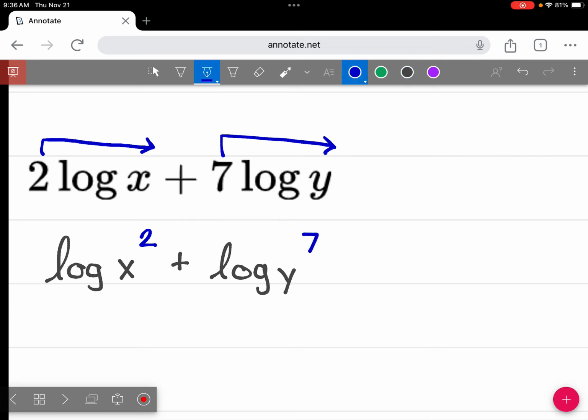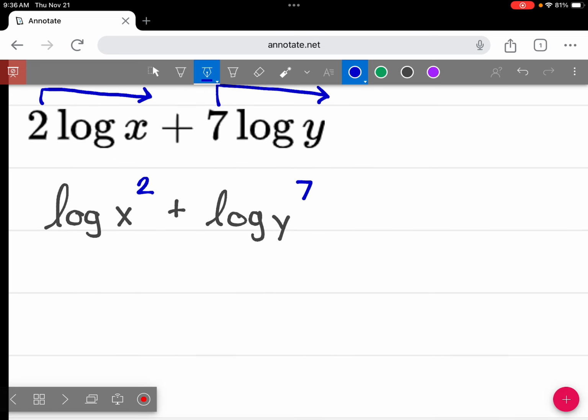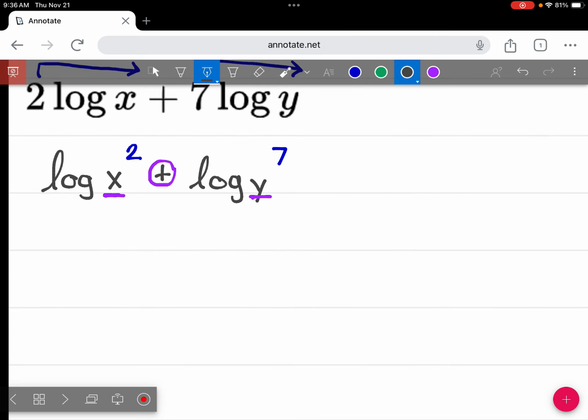Our coefficients go up to become powers. When we have addition between our logarithms, that's when we multiply our 2 arguments. So I'm going to bring this down to be just a common log of the product of those 2 arguments.